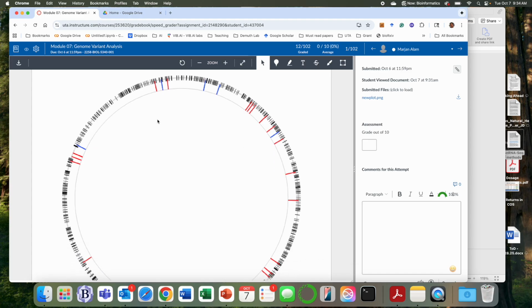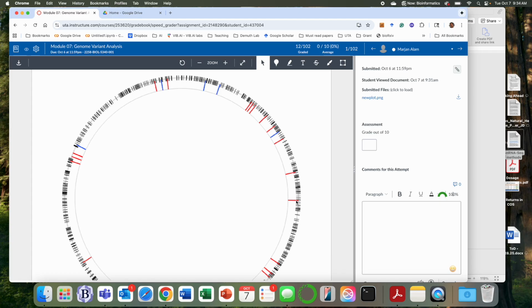So what is that outside ring showing? It is the genome, but then those black tick marks are demarcating the genes. Okay? So those are the coding regions. And then the blue and the red tick marks, what are those? Those are the variants.